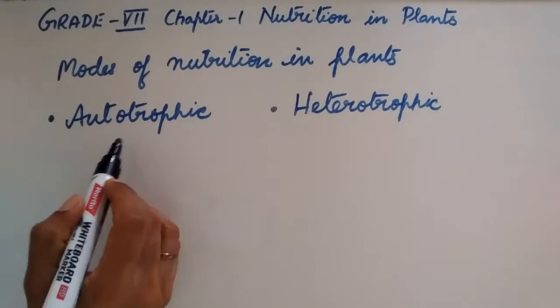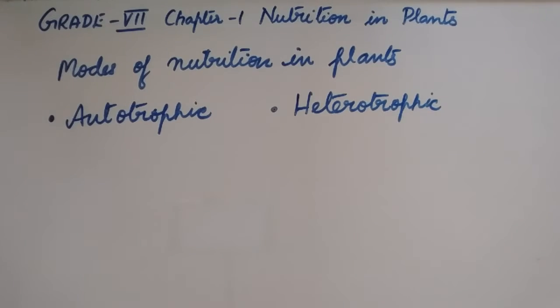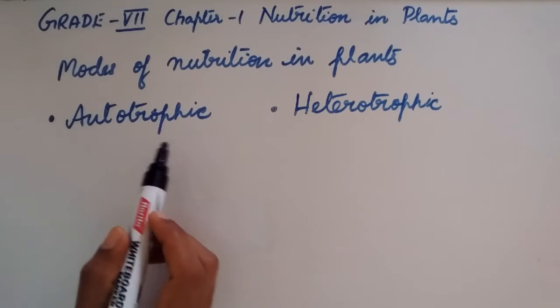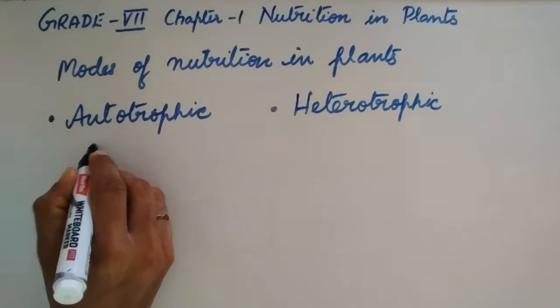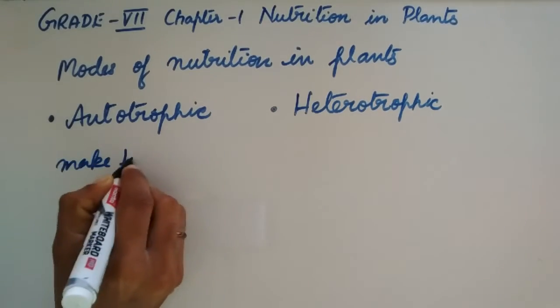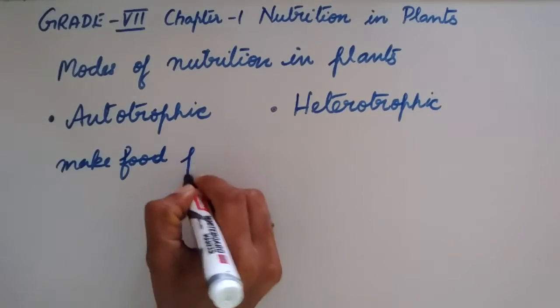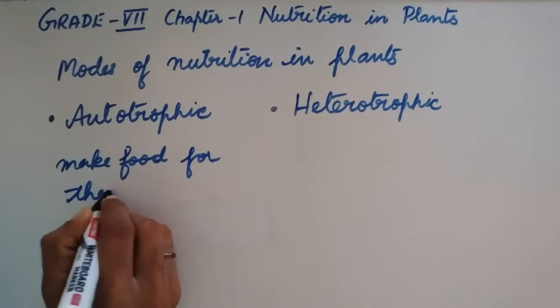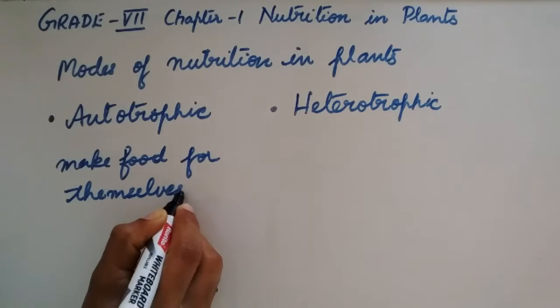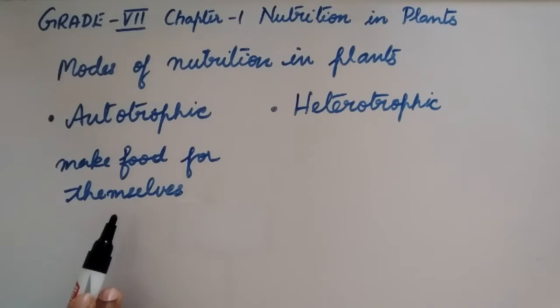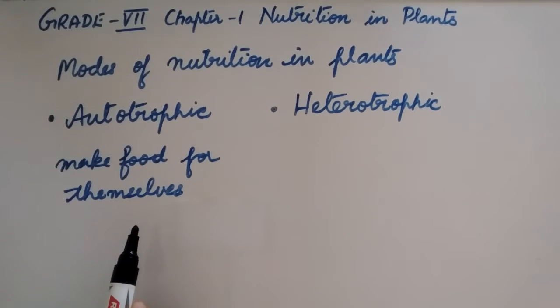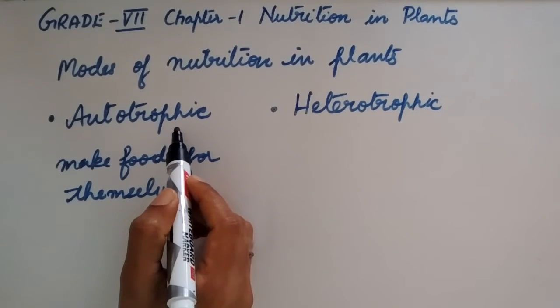Now, what is this autotrophic mode of nutrition? The mode of nutrition in which organisms make food for themselves is called autotrophic nutrition.